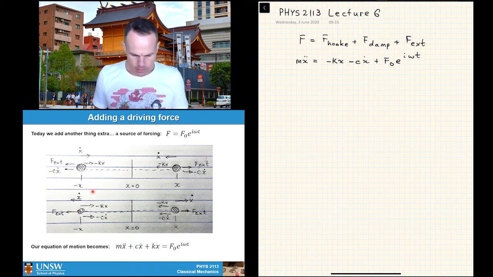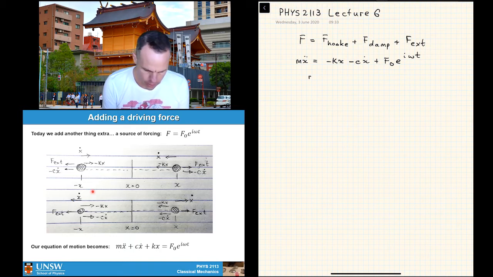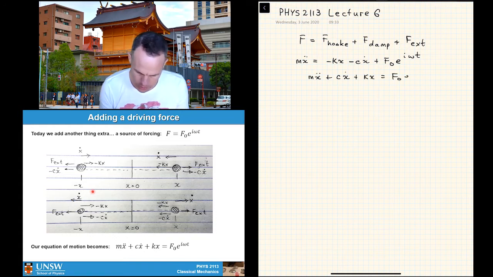And you can pull all the terms together so that you end up with m x double dot plus c x dot plus kx is equal to F naught e^(i omega t). Let's put the terms in a sensible order here.